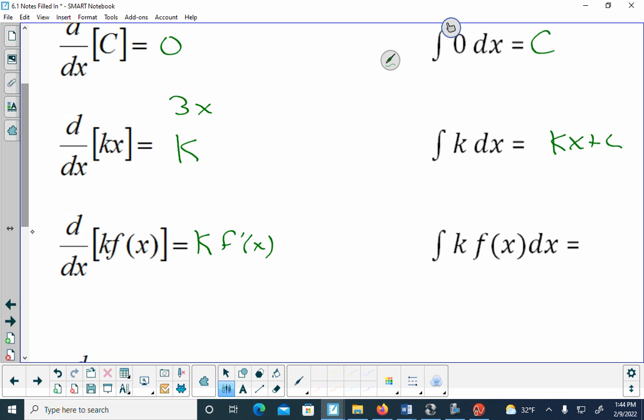Now when I go to take the antiderivative of k times the function with this d of x, that all together means the derivative. Are you with me? So I'm going to end up with k times F of x. So when you write the integration, you're always going to have that d of x or d of whatever letter attached to the end.